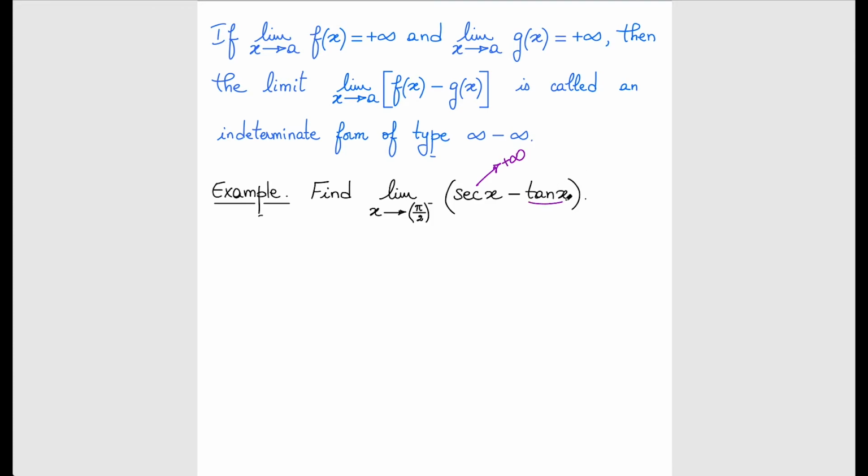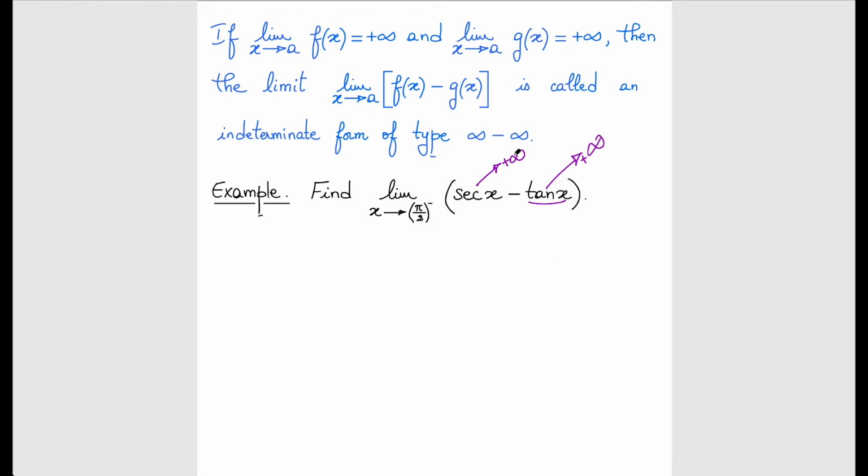Also, tangent x is going to go to infinity as x goes to pi over 2. But to which infinity? Plus infinity or minus infinity? Because x is approaching pi over 2 from the left. Well, tangent is sine over cosine. If x is approaching pi over 2 from the left, cosine and sine are both positive. And as such, this is going to become positively large. Okay?